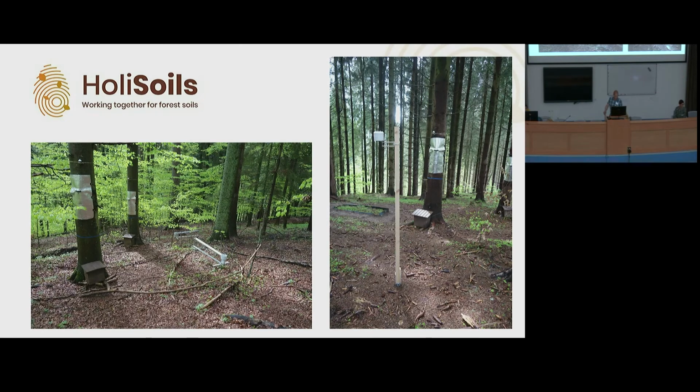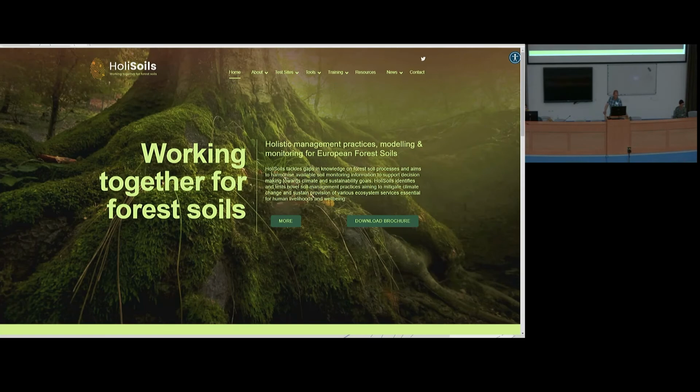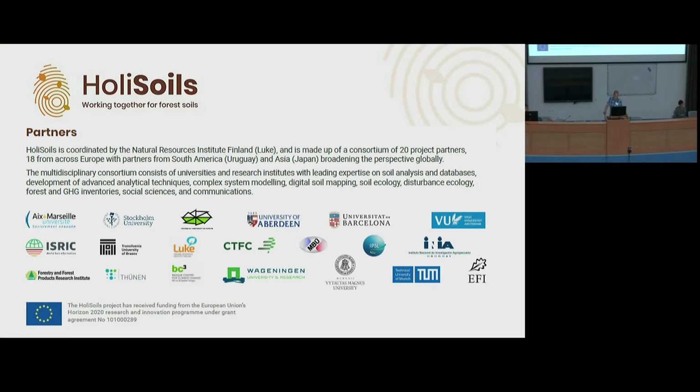For these test sites, we also use some other sensors to measure many things. For this experiment, we use trenching methods to separate heterotrophic respiration from the total respiration of the soil. And this is the web page of this HoliSoils project and the partners it involves.